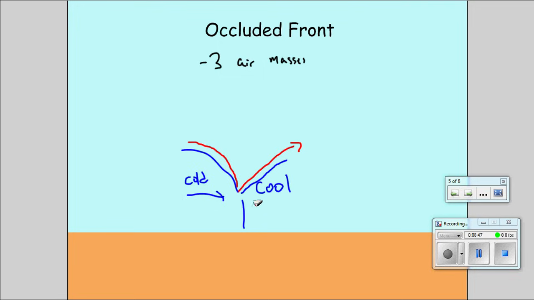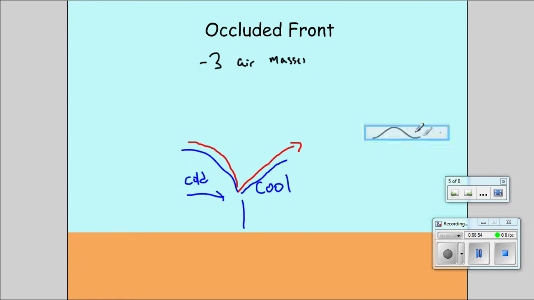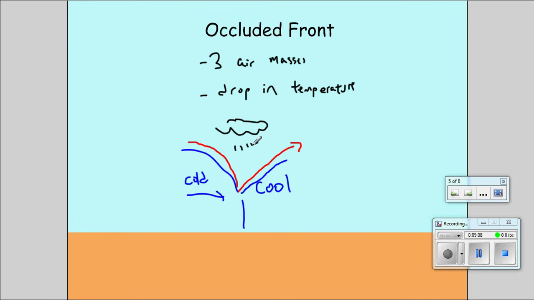So now we have the coldest air underneath the cooler air, and that cut off all of the warm air from the surface itself. So that's going to cause a drop in temperature. And again, light rain.